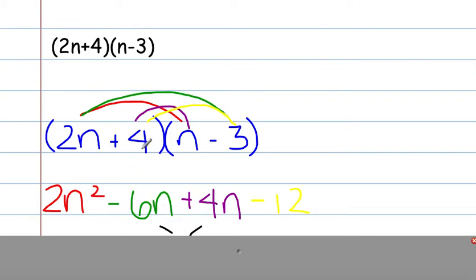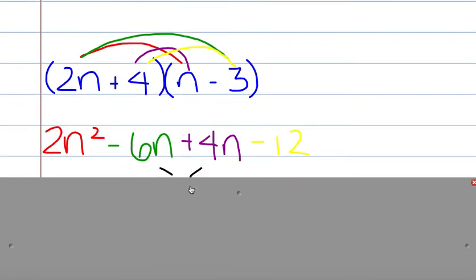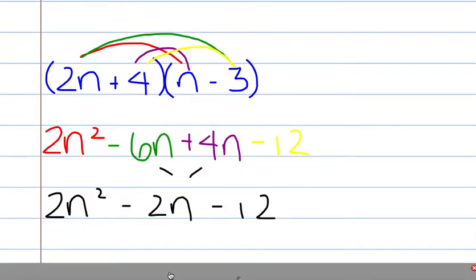For my inner terms I had positive 4n times n, so I had 4n right here. And for our last terms, we had 4 times negative 3, which gave us a negative 12. So when we combined our like terms, our final answer is going to be 2n squared minus 2n minus 12.